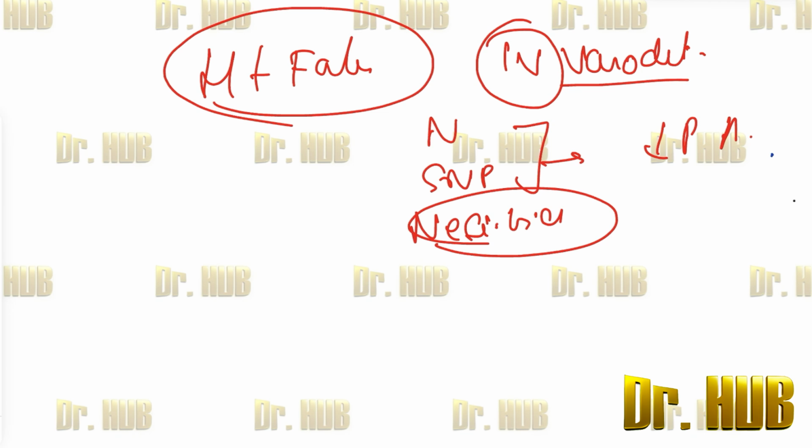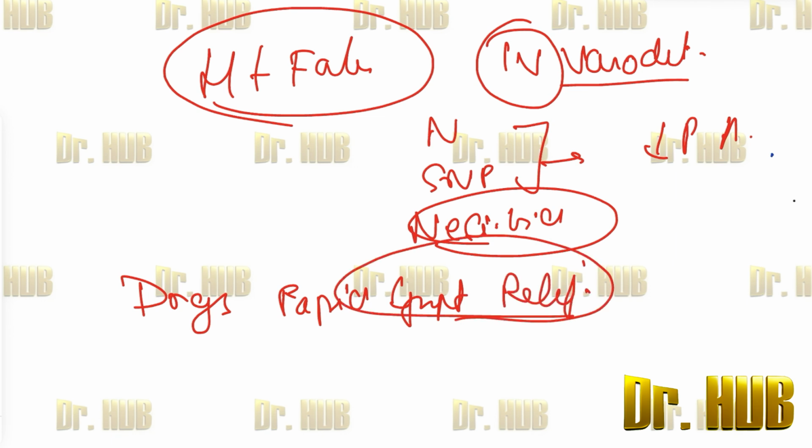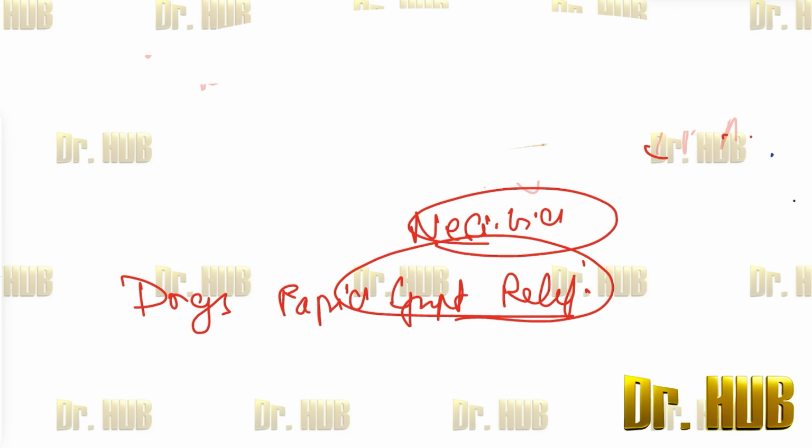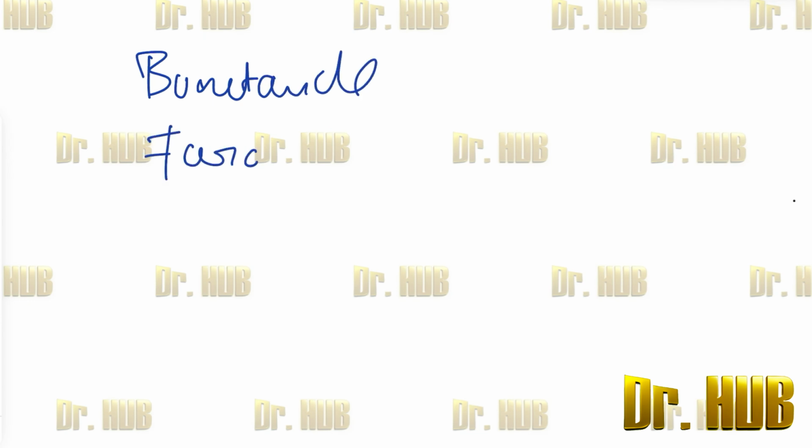Next, there are also the IV positive inotropes and the drugs for rapid symptomatic relief. For rapid symptomatic relief, there are bumetanide, furosemide and torsemide.